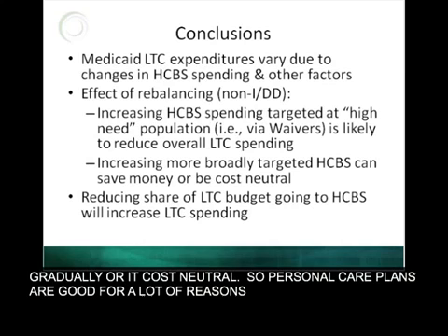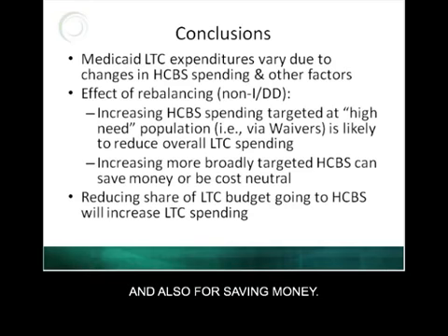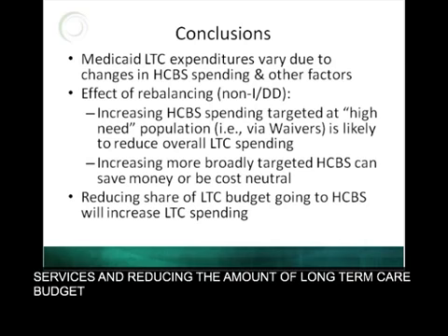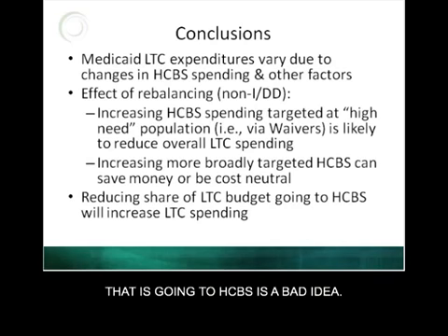So personal care plans are also good. They're good for a lot of reasons, and they can also be good for saving money. And cutting home and community-based services, reducing the amount of long-term care budget that's going to home and community-based services is pretty sure, according to the model, to increase long-term care spending. It's a bad idea.